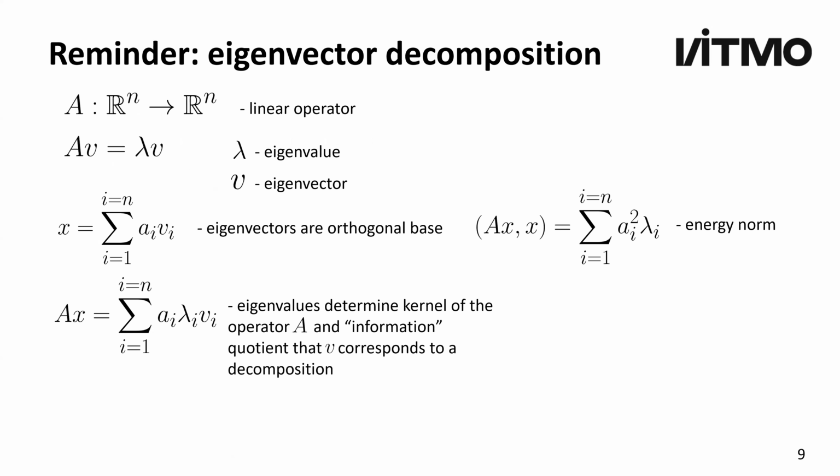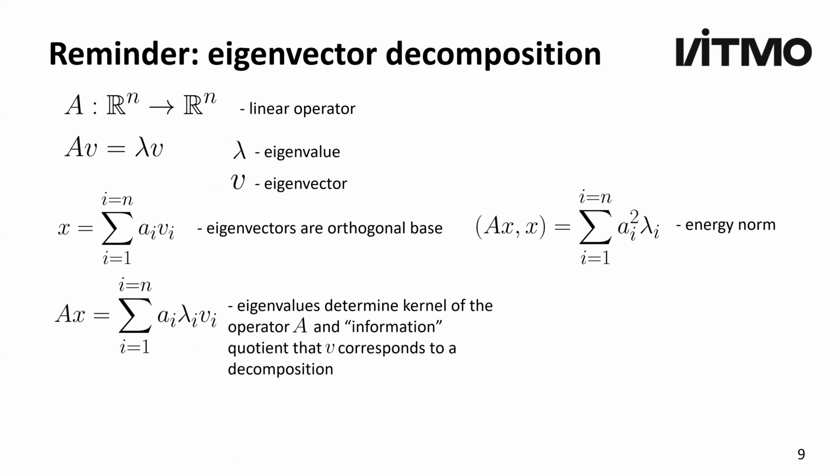Just a quick reminder, I would need this mathematics. If you are not familiar with it, it's okay. Just a brief recap. Every vector could be decomposed into some operator eigenmodes, and eigenmodes have corresponding eigenvalues. So the main idea here is that the larger the eigenvalue is, the more informative it is, so to say.